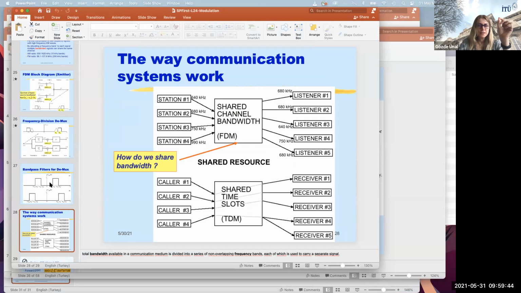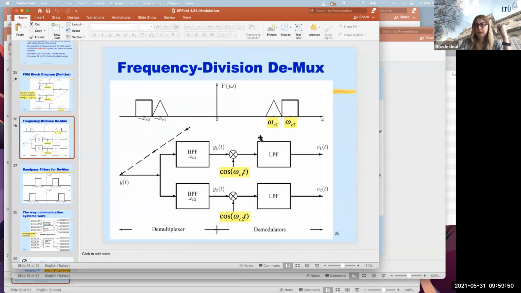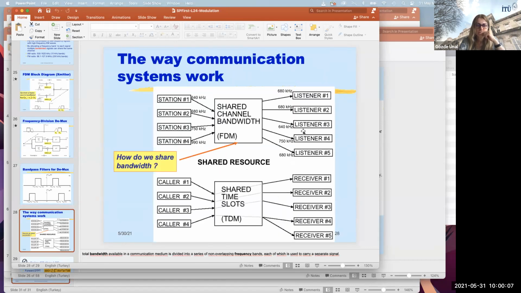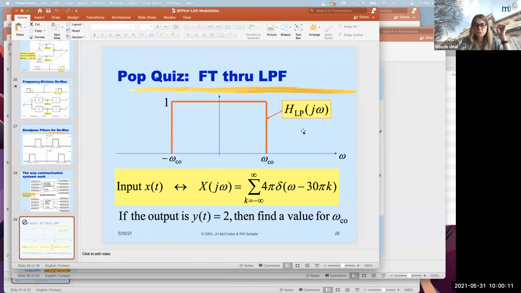Here you see we were using a bandpass filter at the receiver to extract the corresponding channel signal, the signal that is really targeted for your channel. You are tuning to that station, so this is tuning by bandpass filter. Okay, I think this should be fine.